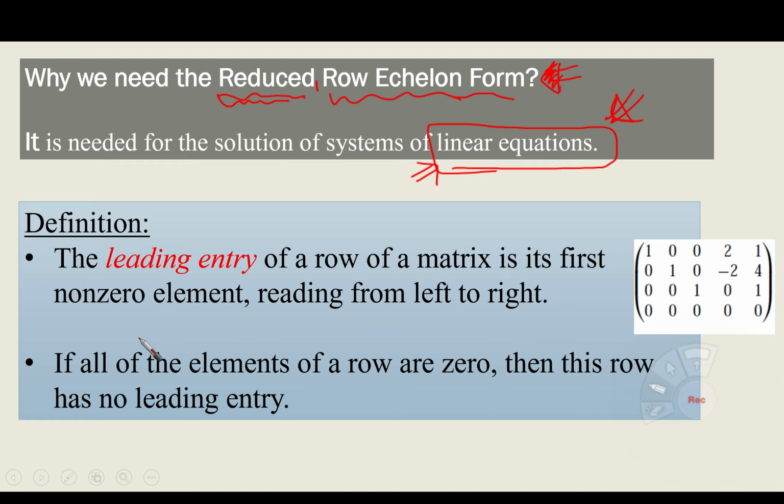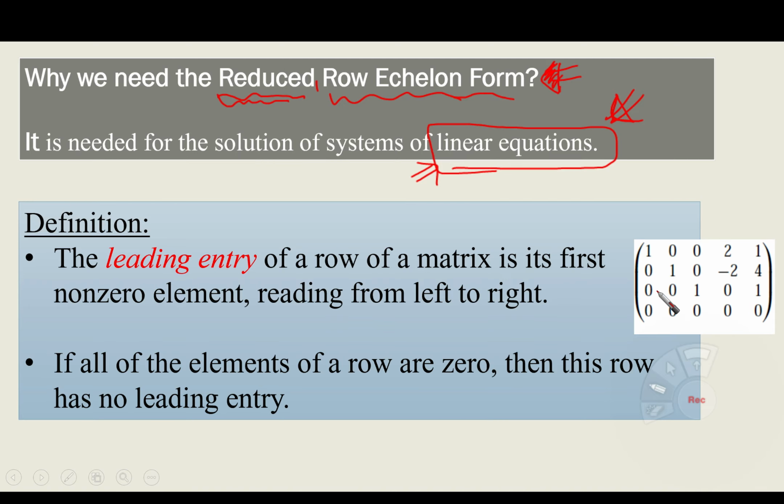So first of all, the definition. Whenever you look at this kind of matrix, as you can see here, you're going to find some features that make it a little bit unique compared to other matrices.